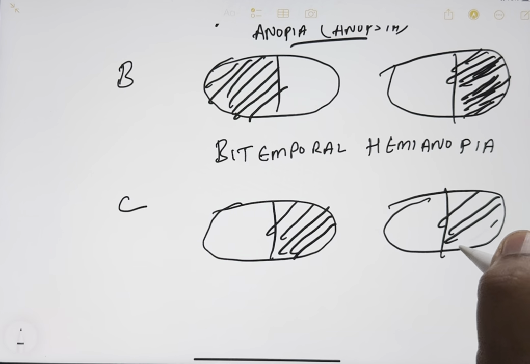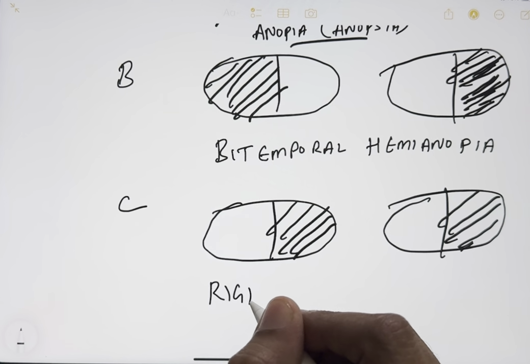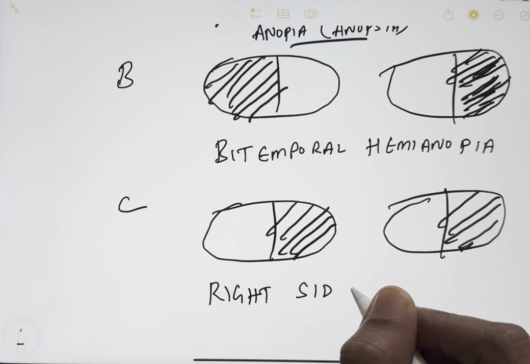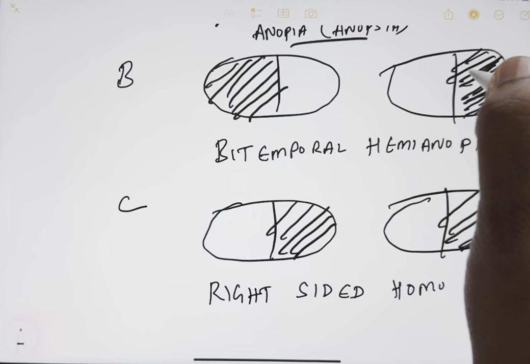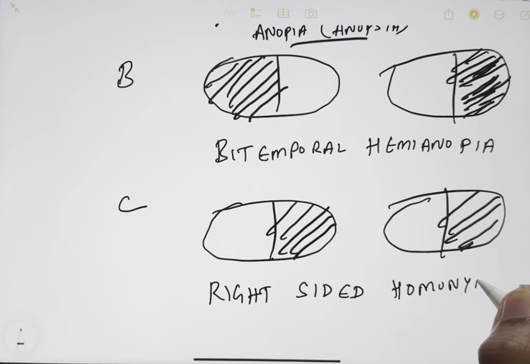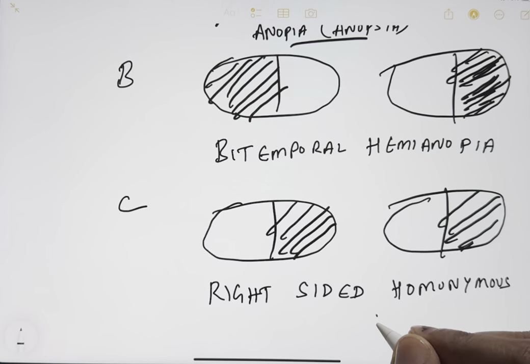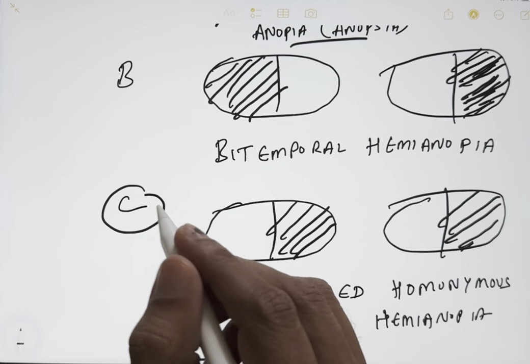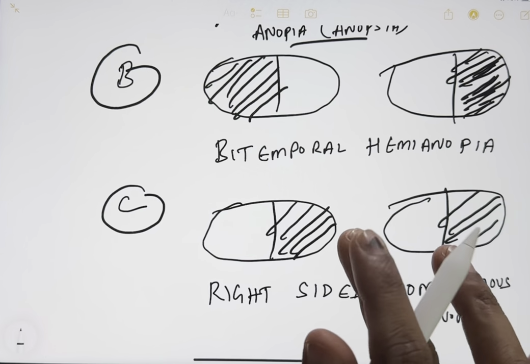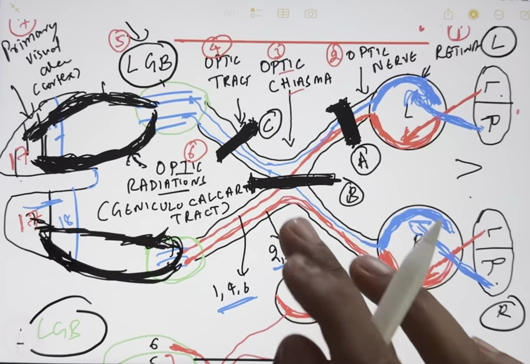So, it is called right sided homonymous hemianopia, or anopsia. It is the defect in the left optic tract.